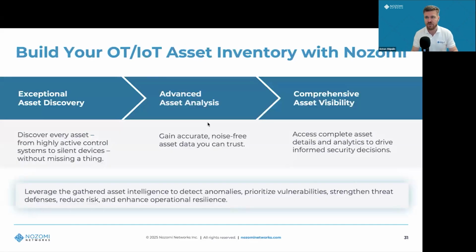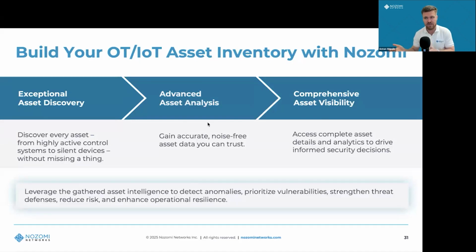So today I showed you how to build a robust asset inventory in OT and IoT environments with Nozomi Networks. With our exceptional asset discovery capabilities, you can identify everything from highly active control systems to silent devices without missing a thing. Our advanced asset analysis delivers accurate, noise-free asset data you can trust.